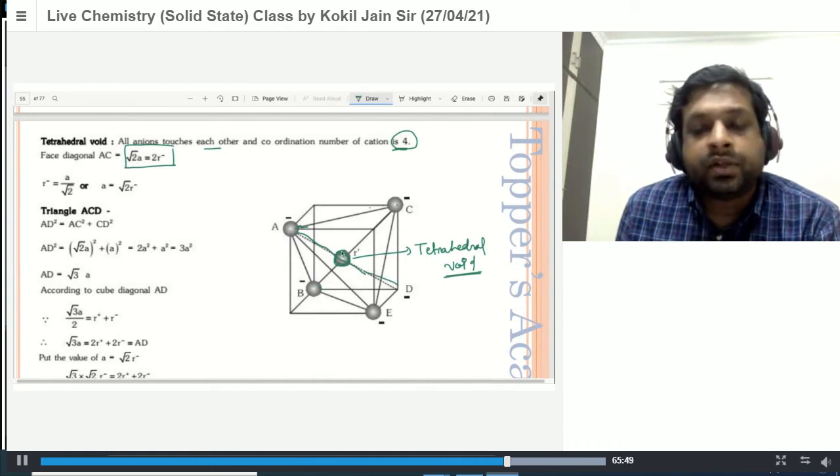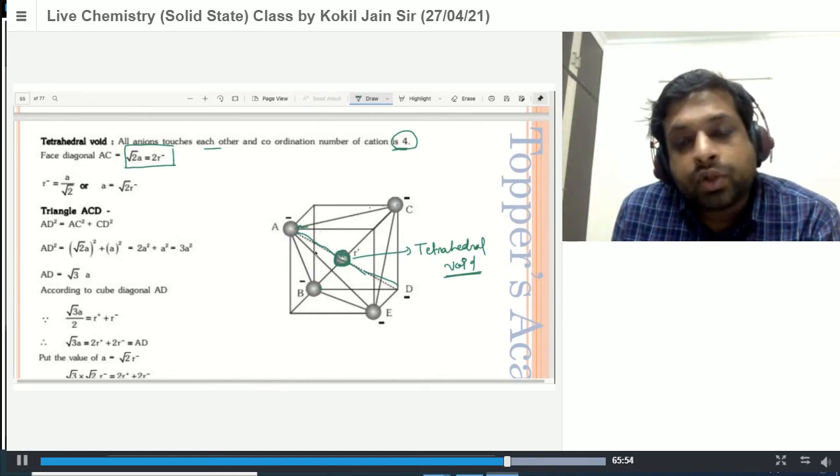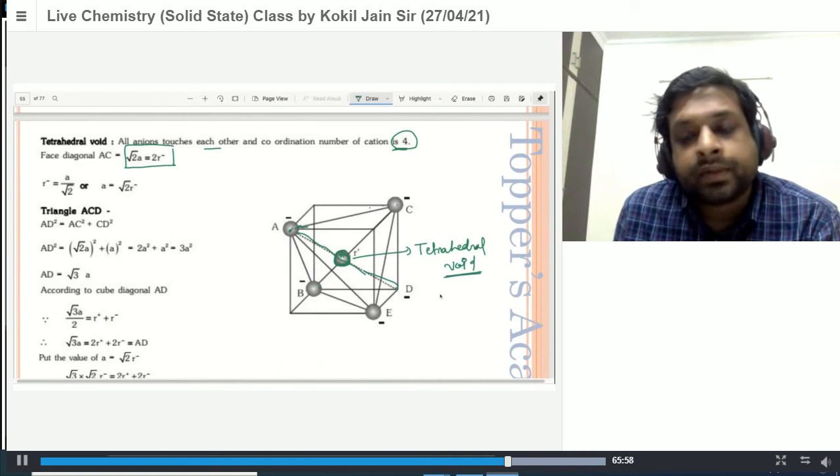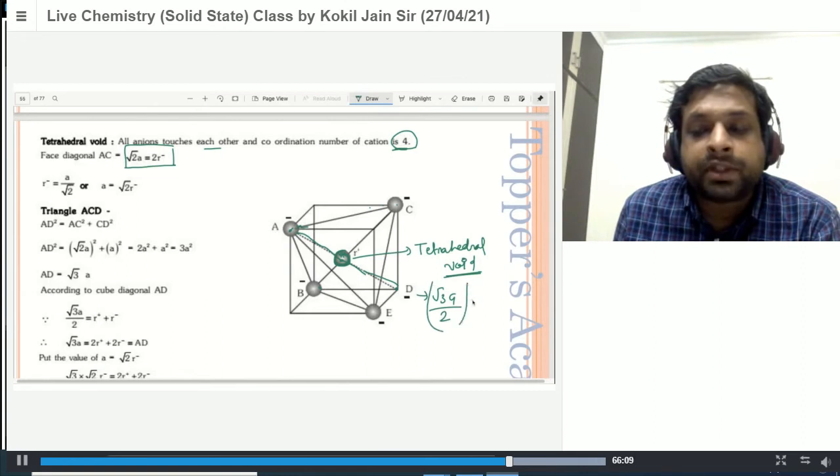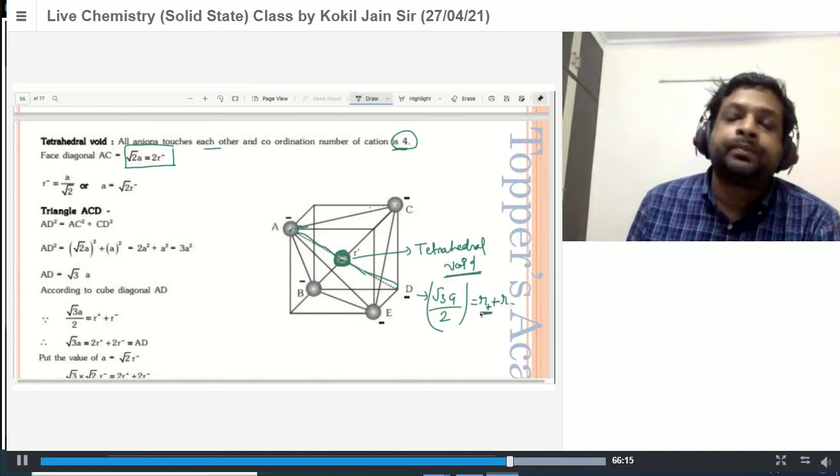The length of the overall body diagonal is root 3 a, and up to the cation at the center position, this length is root 3 a by 2. So this would be equal to R plus plus R minus, that is radius of cation plus radius of anion.